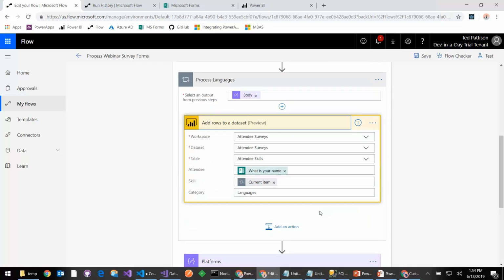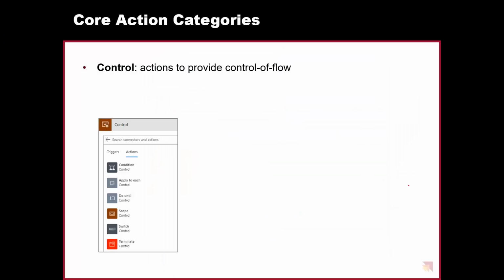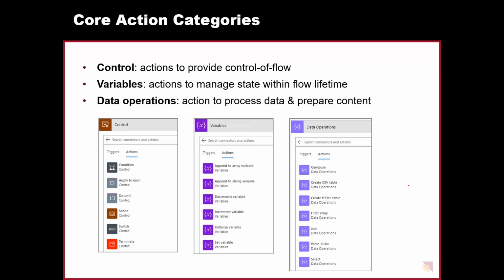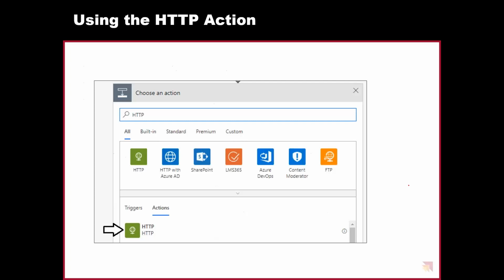And then the rest I've built out with Power BI Desktop. Okay. So, once again, once you start building flows, get comfortable with being able to read and write data and use the core actions from the control category for control of flow, creating variables, and data compose operations.